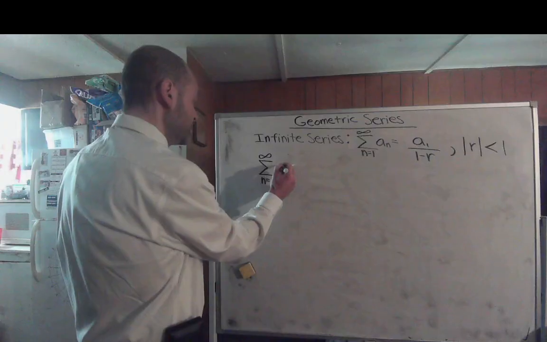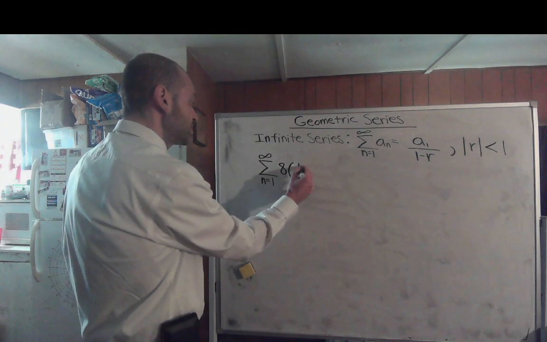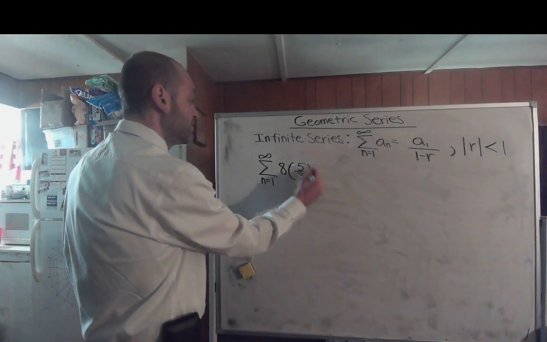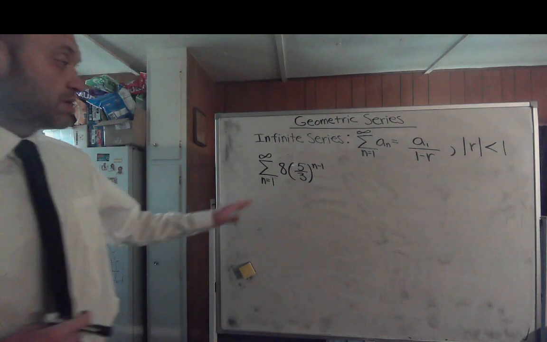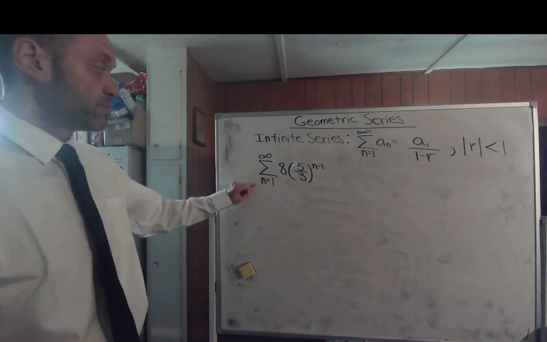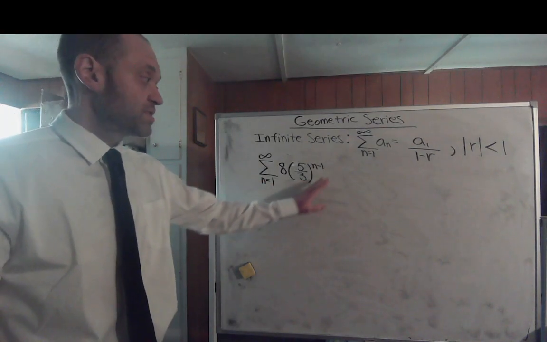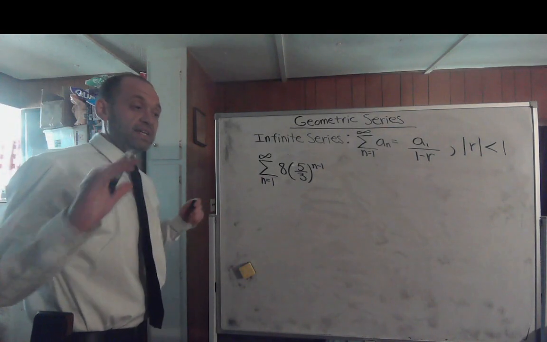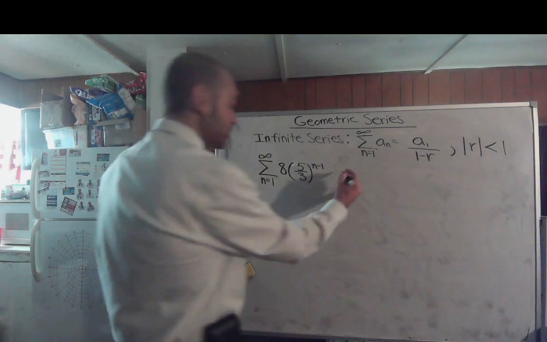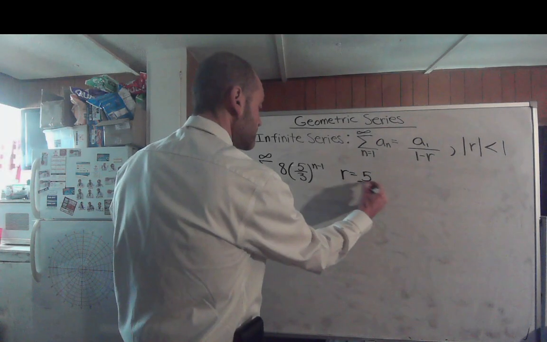Another one like it, you have the sum from n equals 1 to infinity of 8 times the quantity of 5/3 to the n minus 1. This is why, again, I say take your common ratio first. Your common ratio is going to be 5/3.